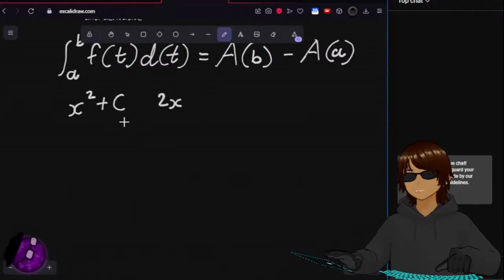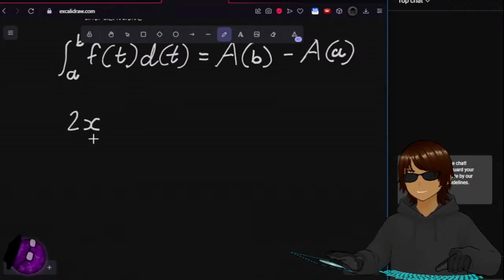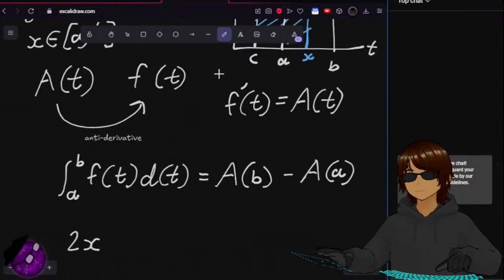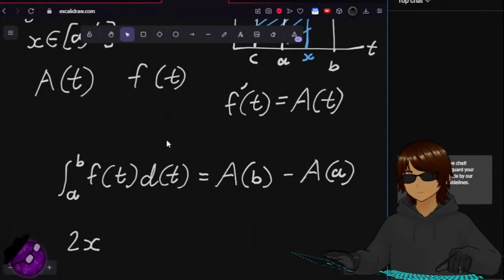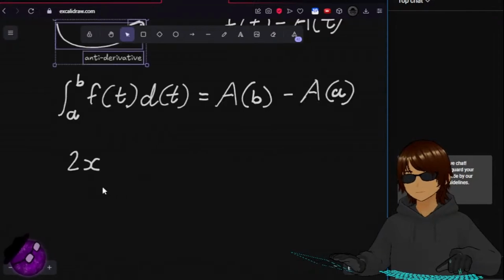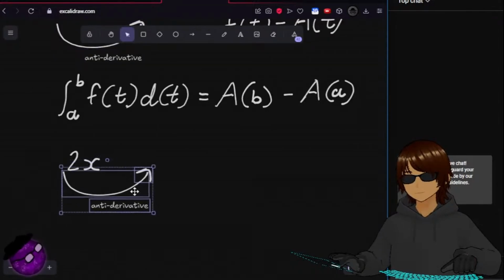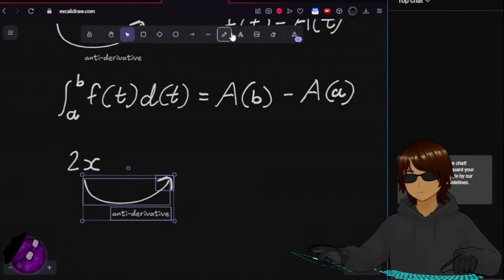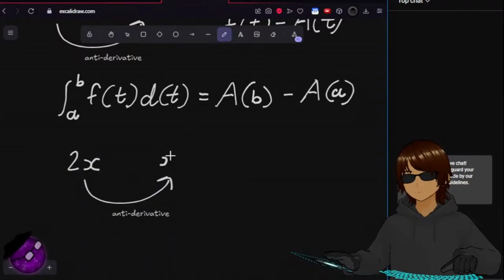So if you have 2x and you're taking the antiderivative, it's going to be x squared plus c, because we do not know this.